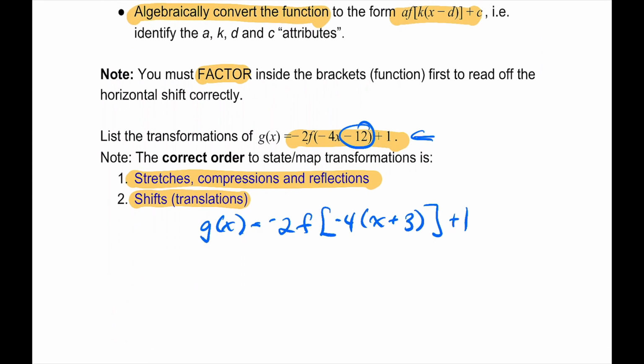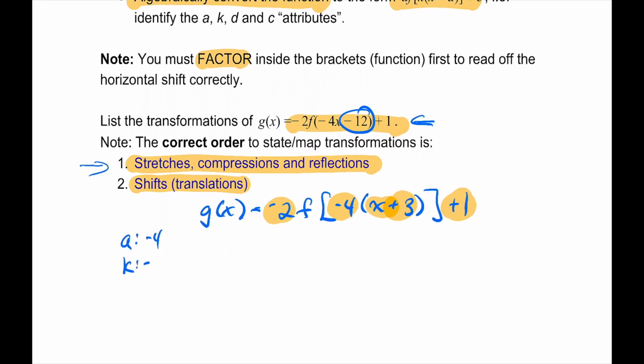So now that we have that, there's my a value, there's my c value, there's my k value, and how I would get the d value is I need to look at what makes that 0. So here I'd like to identify that. So my a again is negative 4. My k, since we need to look at the stretches and compressions first, let's look at k.